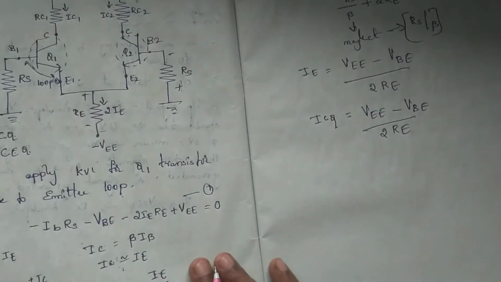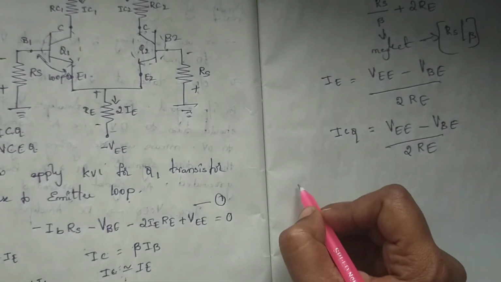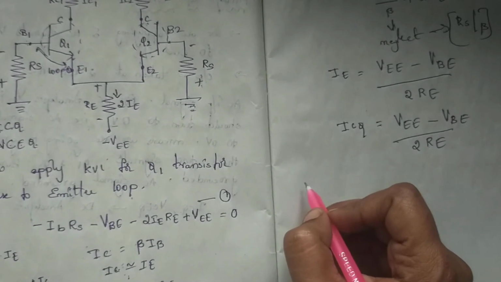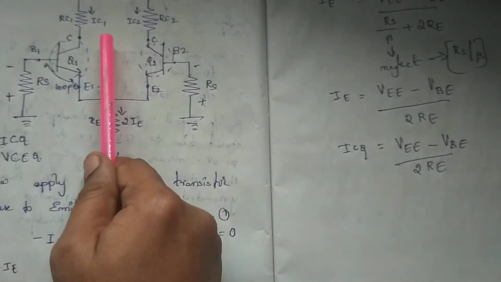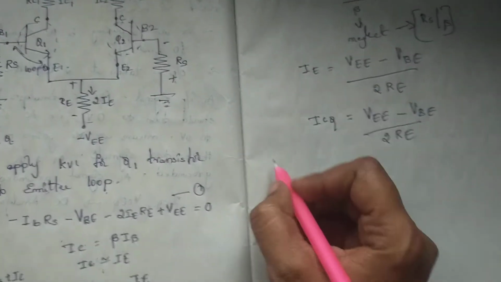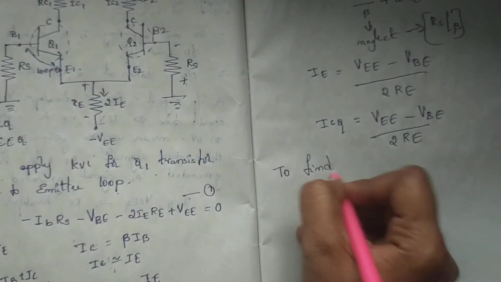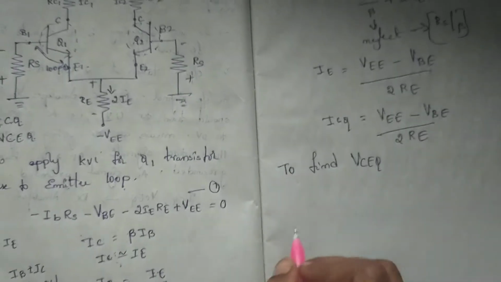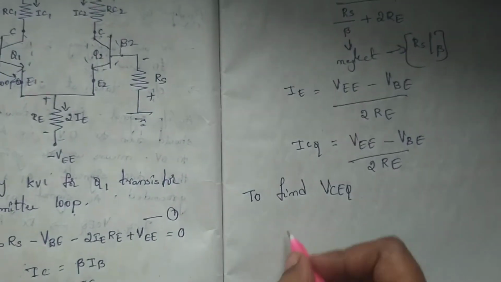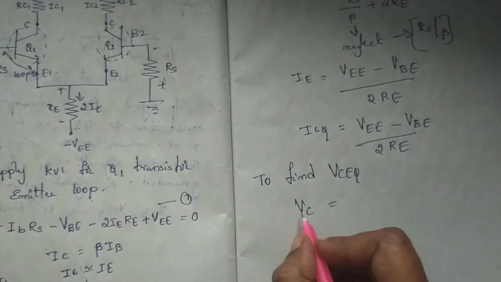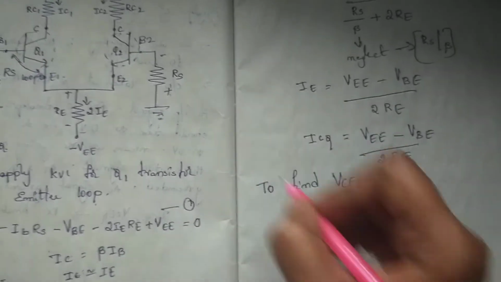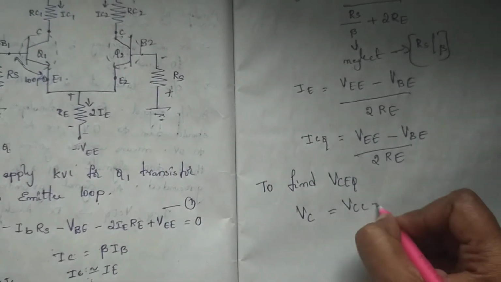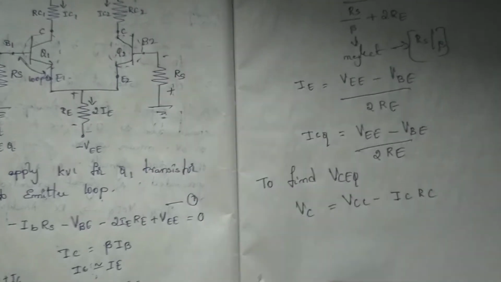Next we have to find the VCE value. For that, we write the output voltage of this transistor. We are taking the output at the collector. To find VCEQ, the output voltage at the collector VC, or V0, is equal to VCC minus ICRC.